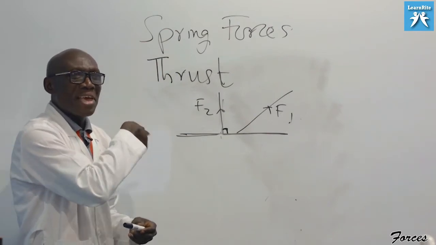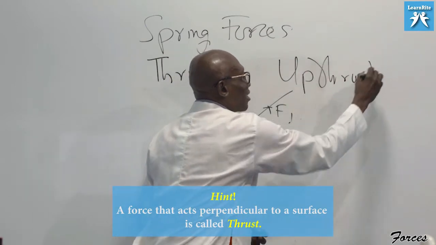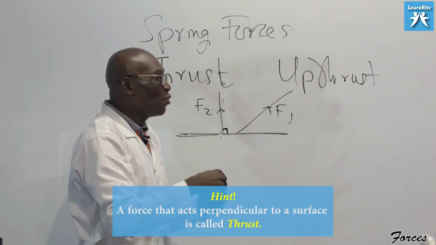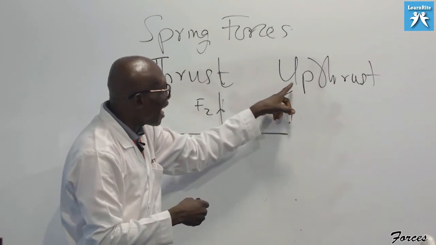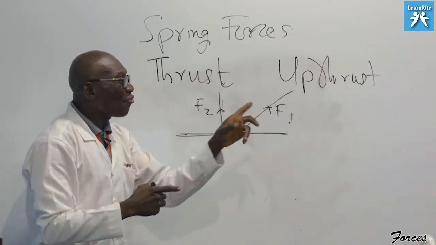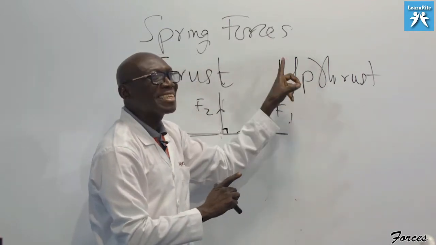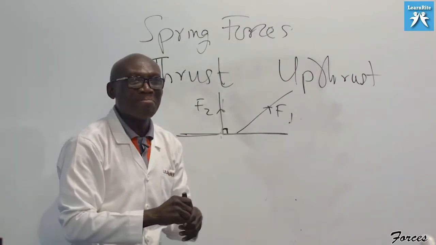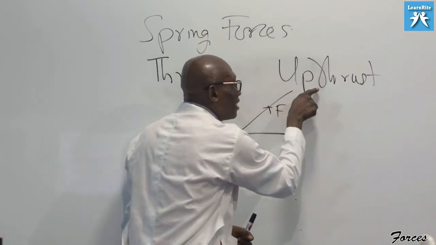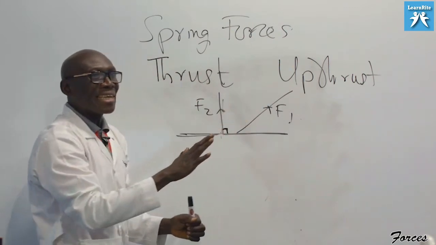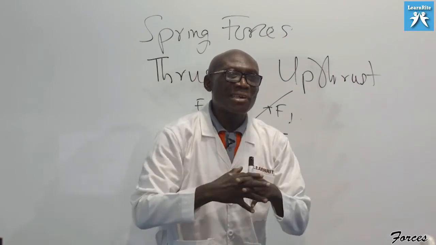Now, from here, we move to the force we call upthrust. So simple. Now you understand the force we call thrust. What about this word up? It means that it is first of all perpendicularly acting to a surface, but it is pointing vertically up. The fact that a force acts perpendicularly to a surface means that it is simply called a thrust.